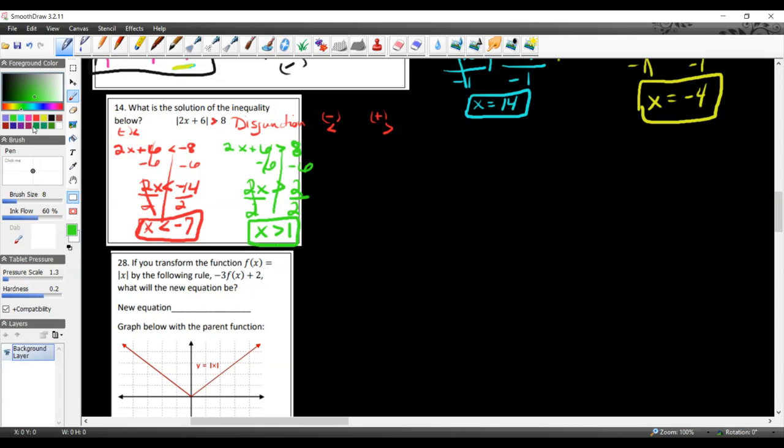Okay, so our answer for this one would be that x is less than negative 7 or x is greater than 1. So be careful, because if you have the answer in the wrong format, you're going to get it wrong. Okay, so make sure that if it's greater than, that's a disjunction. So disjunctions are or statements. Okay, it's this or that. Okay, moving on.